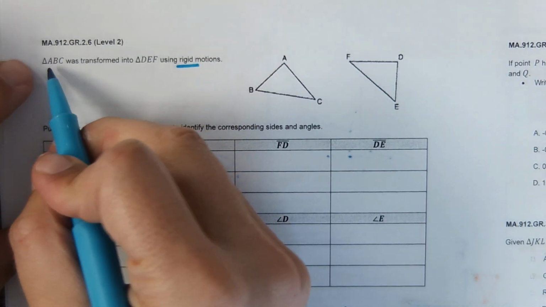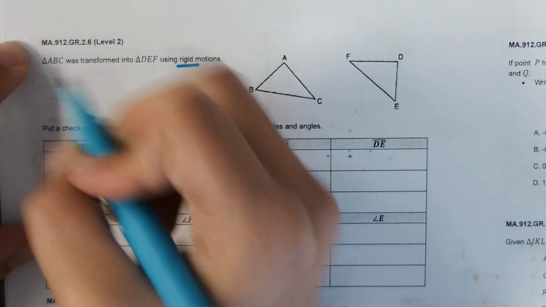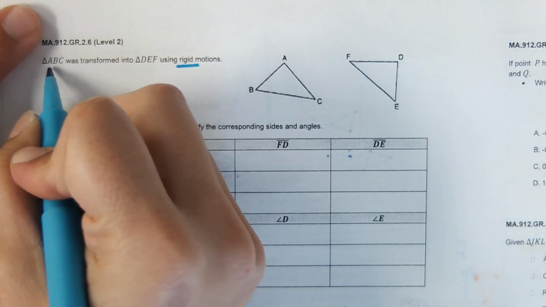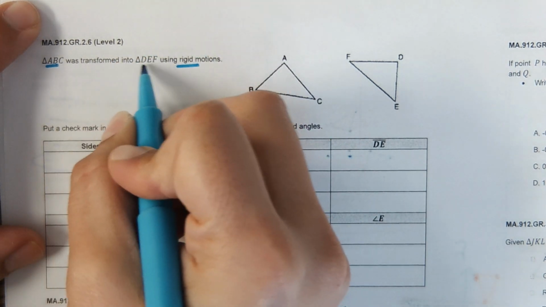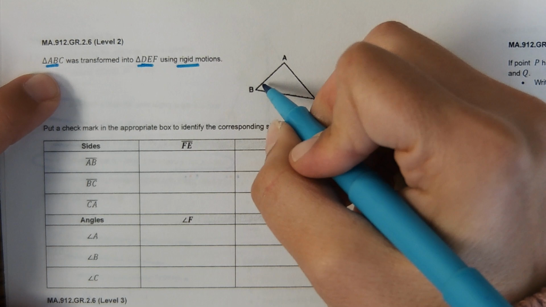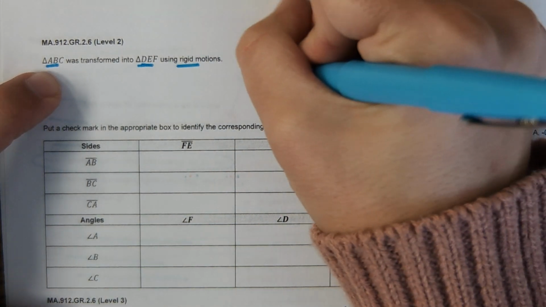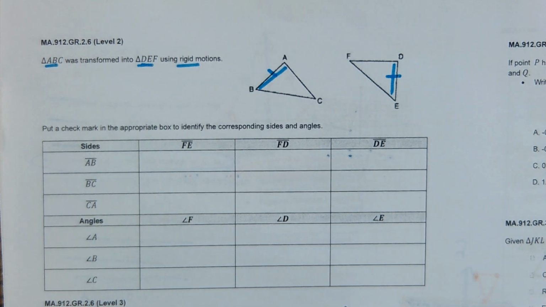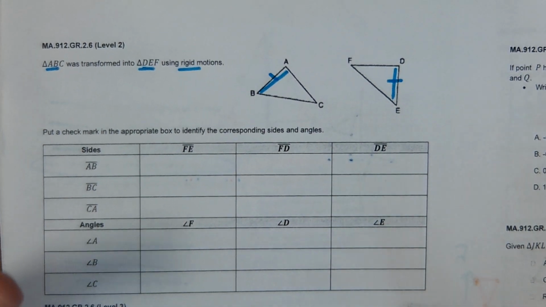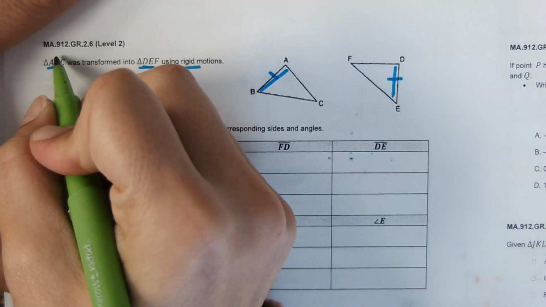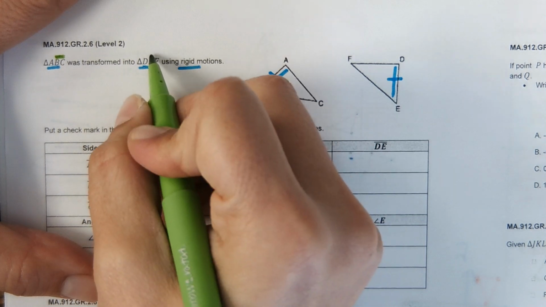Okay, so these statements right here tell you what corresponds to what. So like the first two letters here, AB, correspond to segment DE. So AB corresponds to DE, or like AB is the same length as DE. The second two letters, BC, would correspond to the second letters here.